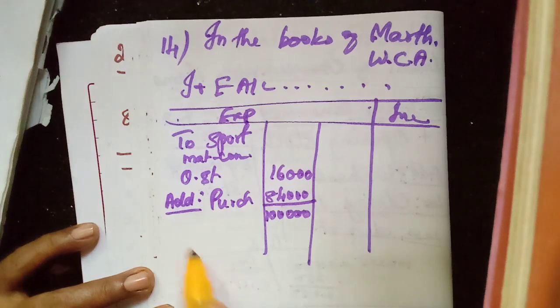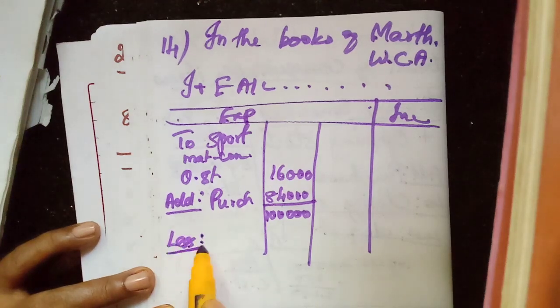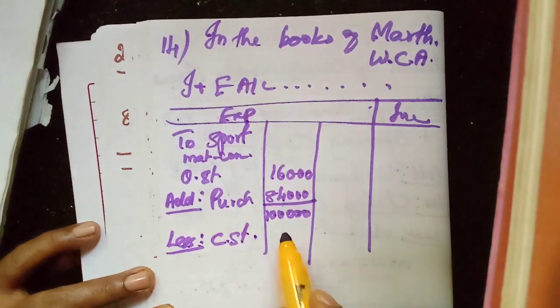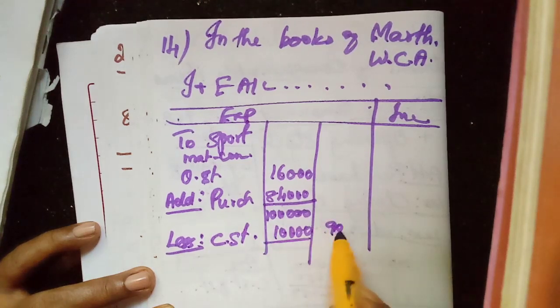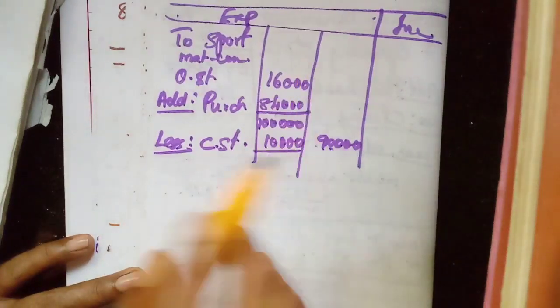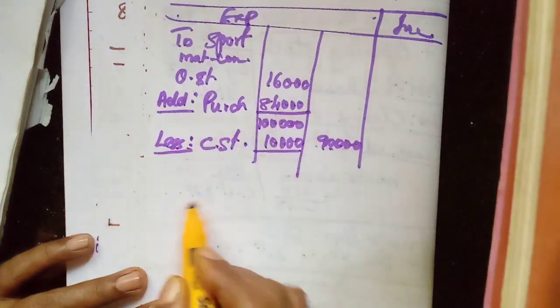Then less closing stock 10,000. So 90,000. This is what appears on the expense side of the income and expenditure account.